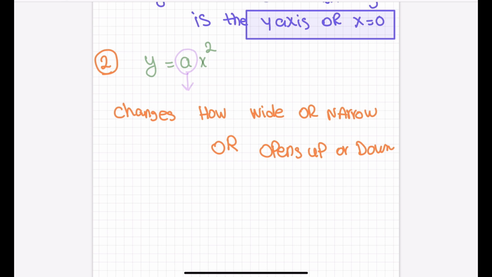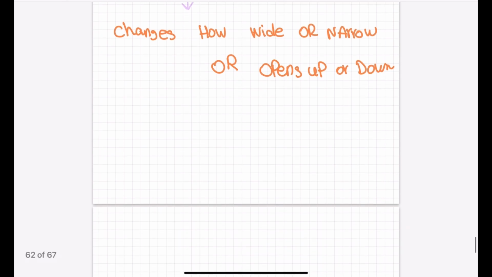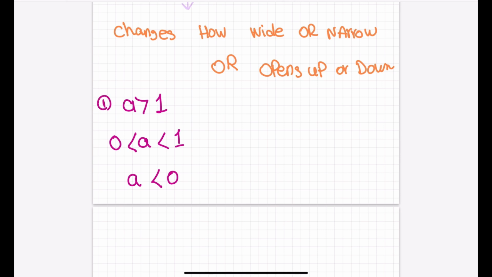You need to pay attention to something. Sometimes the value of a can be greater than 1, sometimes the value of a can be less than 1 but greater than 0, and sometimes the value of a can be less than 0. For each of these scenarios, the look of your graph changes.